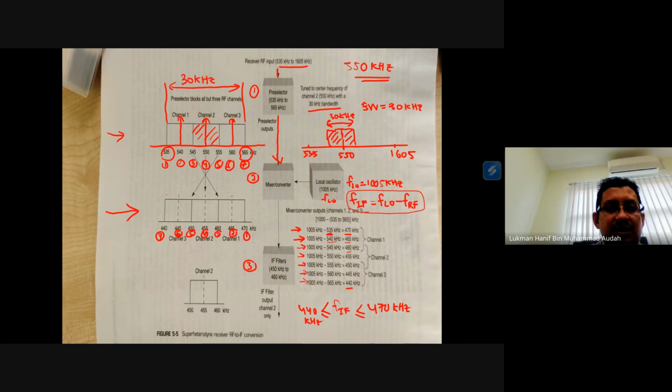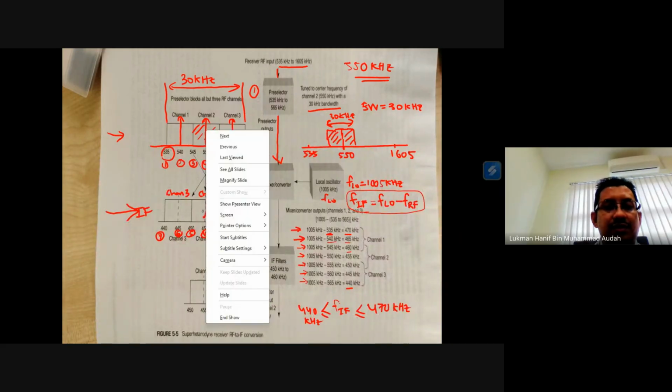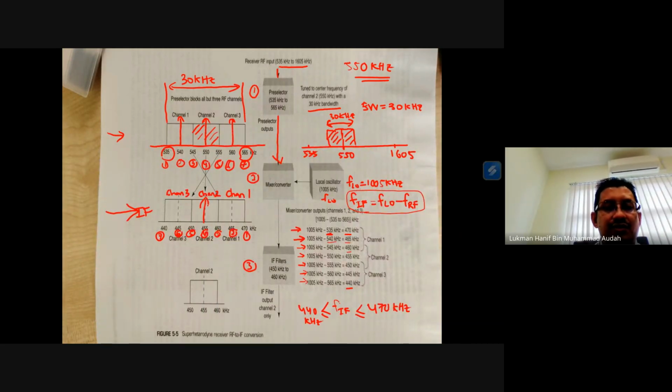So this is actually channel 3. Okay, this is channel 2. This is channel 1. Okay, so it becomes like this. So all of this is IF, intermediate frequency. But still, remember, I only want to listen to these radio frequencies only.